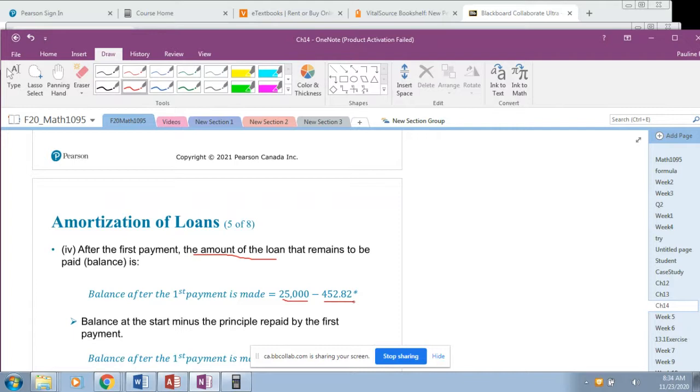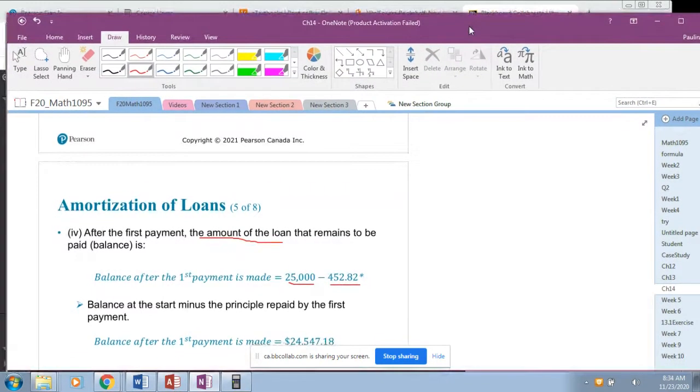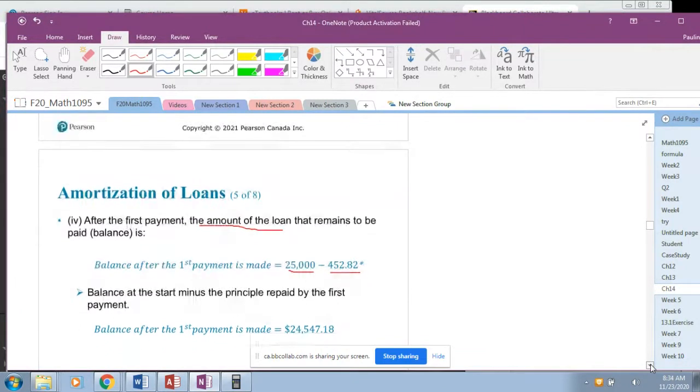Just the principal portion. So that is the amount of the loan that remains.